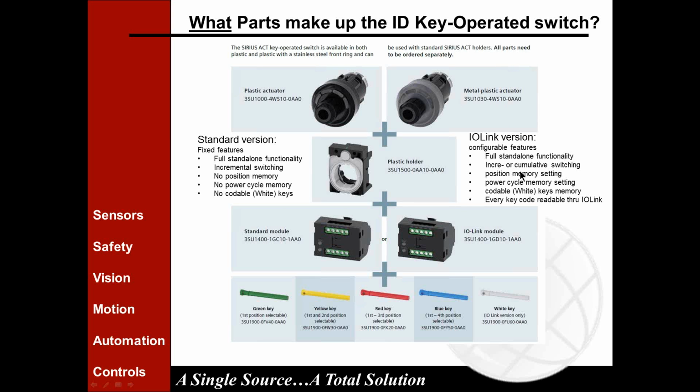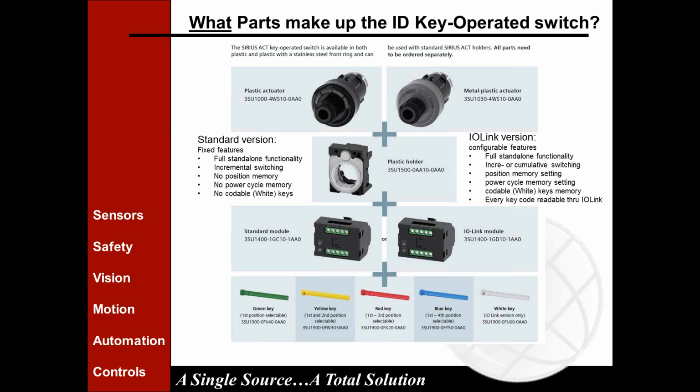Whereas in the IO Link version, you can turn on a feature that actually does cumulative switching, if that fits your application. What that means is that when you turn on 1 and you switch it to 2, it leaves input 1 on. When you go from 2 to 3, it leaves inputs 1, 2, and 3 on. The next feature with the standard, there's no position memory.